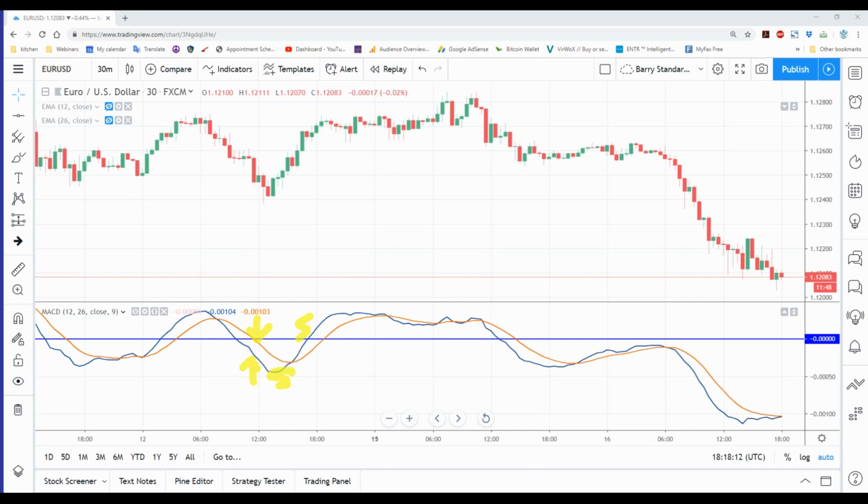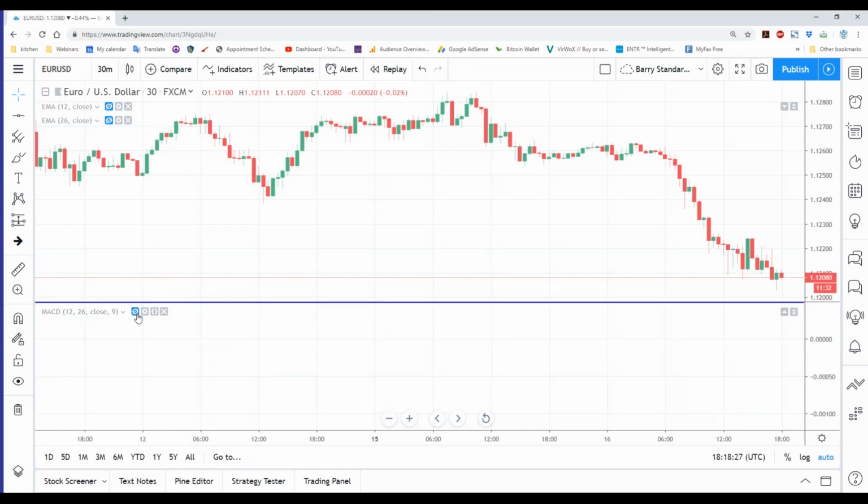And that gives us a numeric value also above or below 0. We then plot these onto the MACD chart using what's called a histogram.